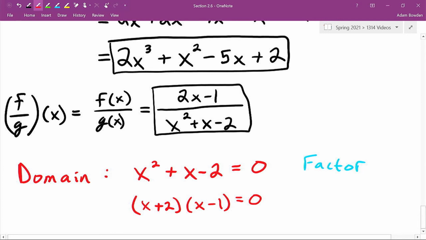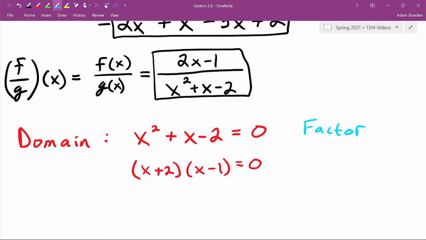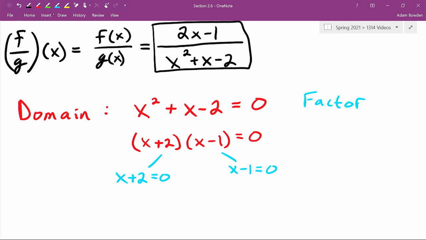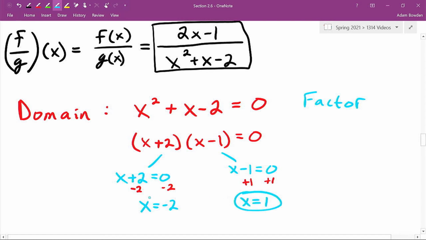And when we're trying to solve with factors, we would take each factor and set it equal to 0. And if we solve each of these things set equal to 0, we would get two numbers. One would be negative 2, and on this one I would add 1 over to get x equals positive 1.